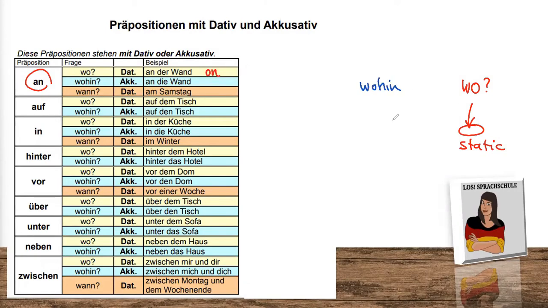Wohin means towards where, hin. This is definitely a movement. Therefore, we need accusative. If you can embrace this information, it will be so much easier for you to make those statements. So, an die Wand also means on the wall.